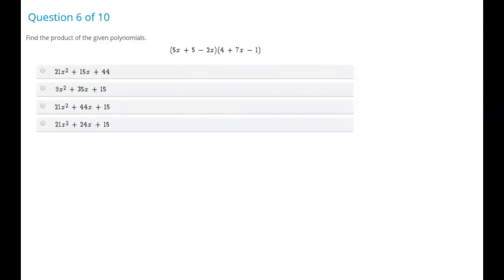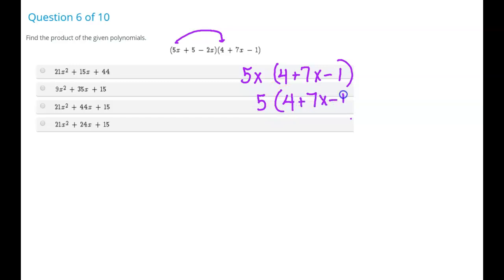All right, number 6, you've got a trinomial times a trinomial. So I'm going to suggest you start out and you say 5x. You're going to distribute the 5x times every term, 4 plus 7x minus 1. Then you're going to take the 5 and multiply it by 4 plus 7x minus 1.